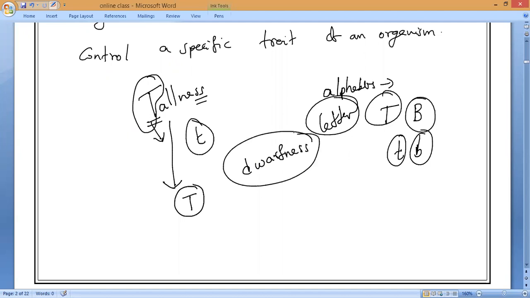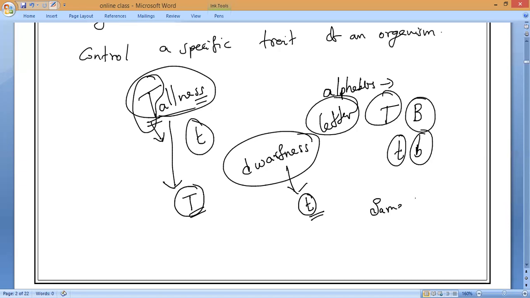Short plants or short people, we can say dwarf plants or dwarf people, are always represented by small t. You can see tallness is represented by capital T and dwarfness by small t.